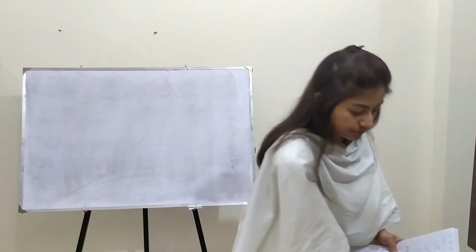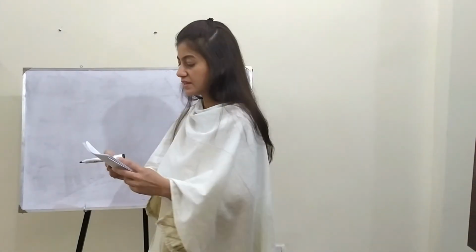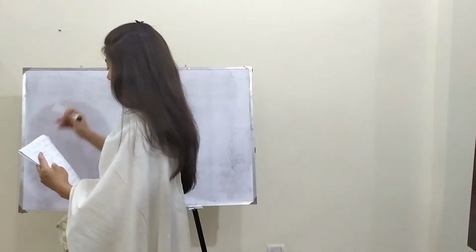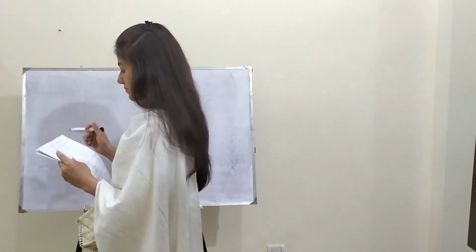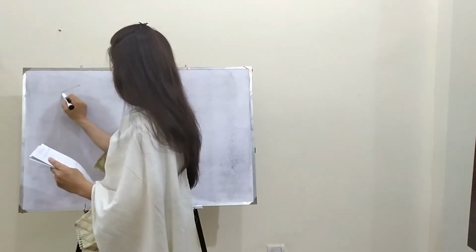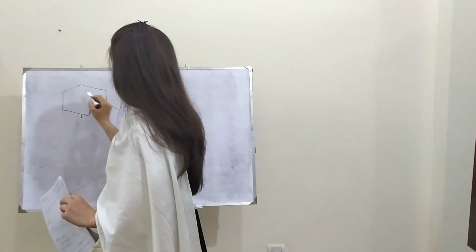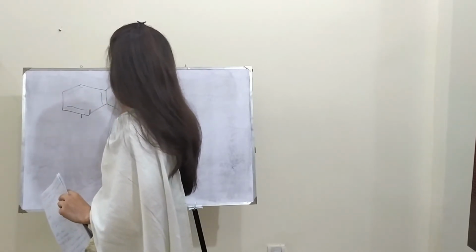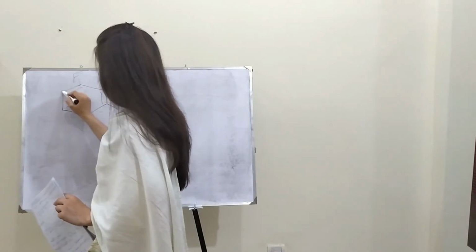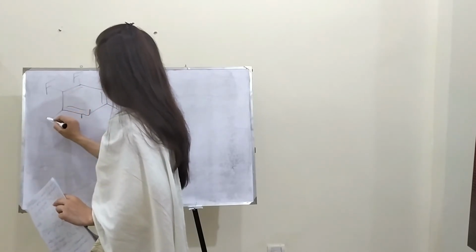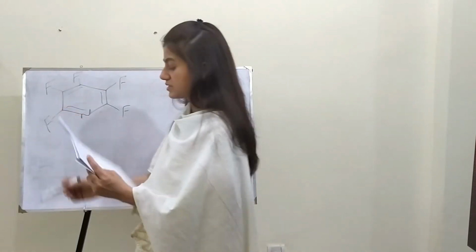Let's suppose, then we may say that of the 5 fluorines in pentafluoropyridine, here 1 fluorine, second, third, 4th fluorine and 5th fluorine at position number 6.